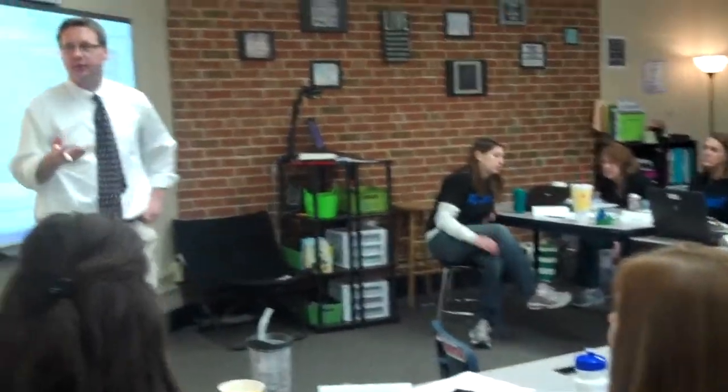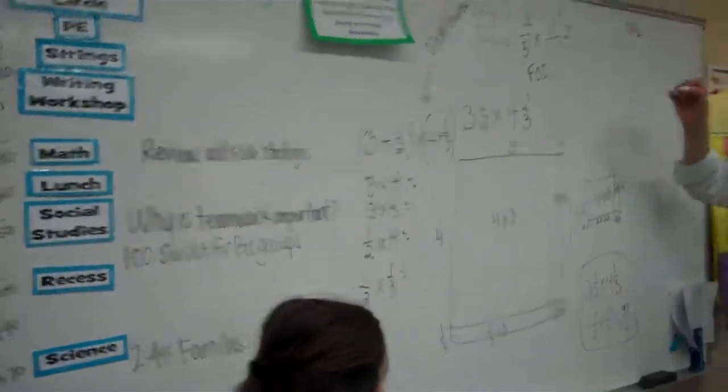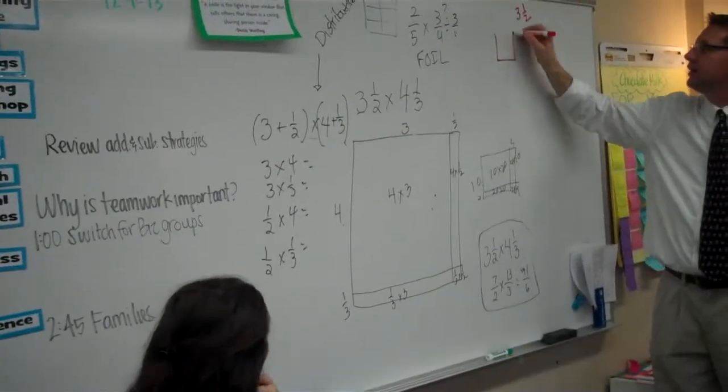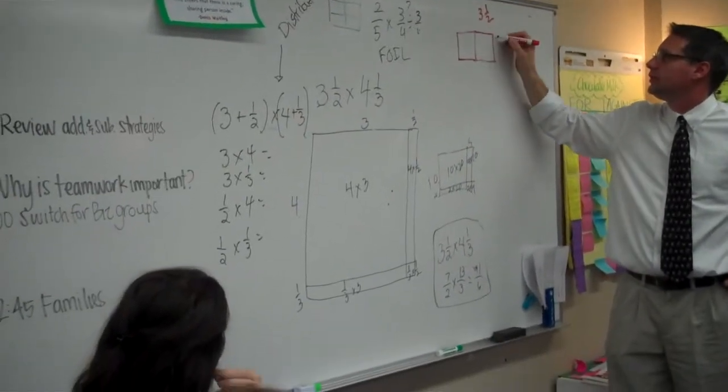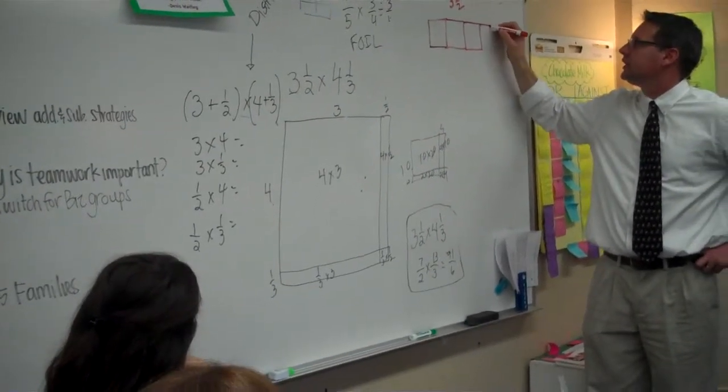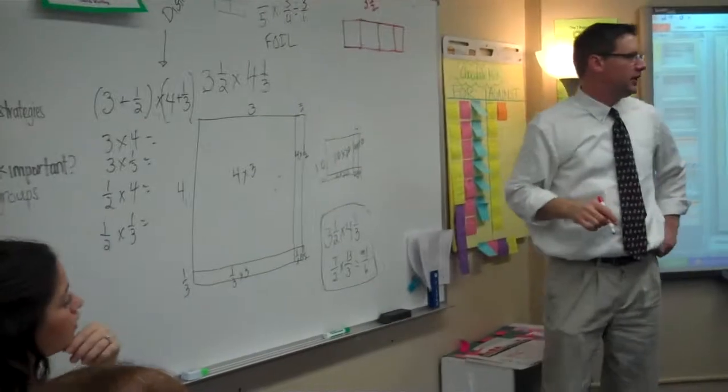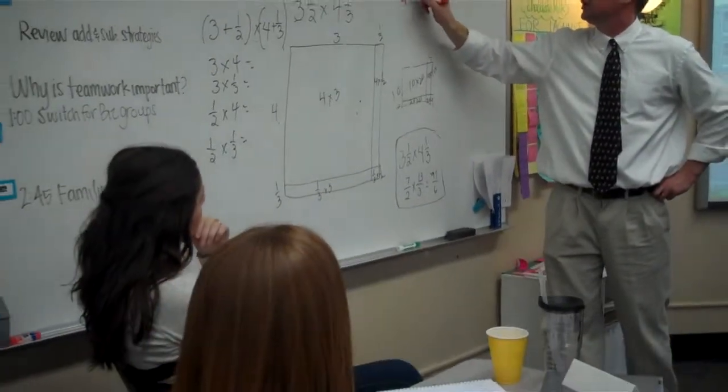Is there a way to? I think probably selling it as dimensions helps a lot. I mean, you can also draw a picture of that. Okay, I need 3 1/2. So that means I'm going to have 1, 2, 3 1/2. And then I'm going to have 4 1/3.